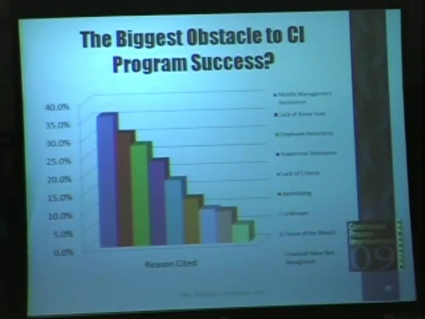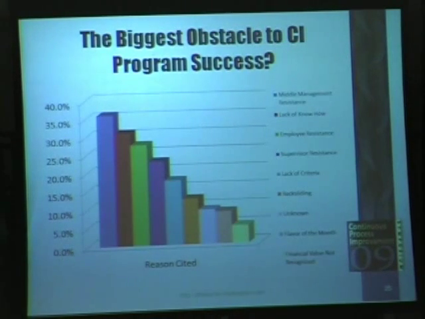Now, let's look at something else. These are survey results from the Lean Enterprise Institute. Every year, they do a survey of Lean practitioners, and maybe some of you have seen this. The question they ask is, what are the biggest obstacles to your Lean success?